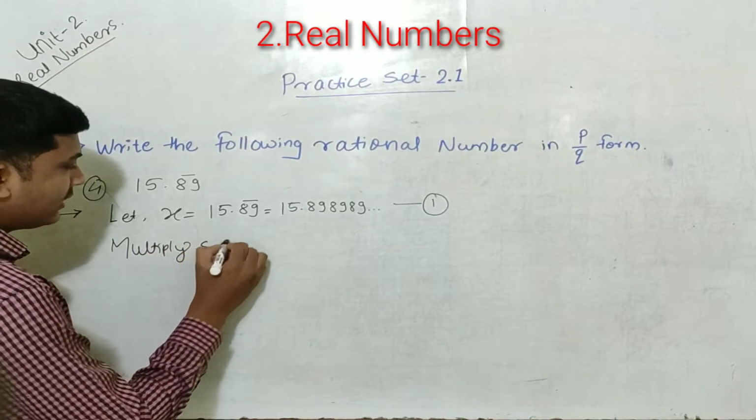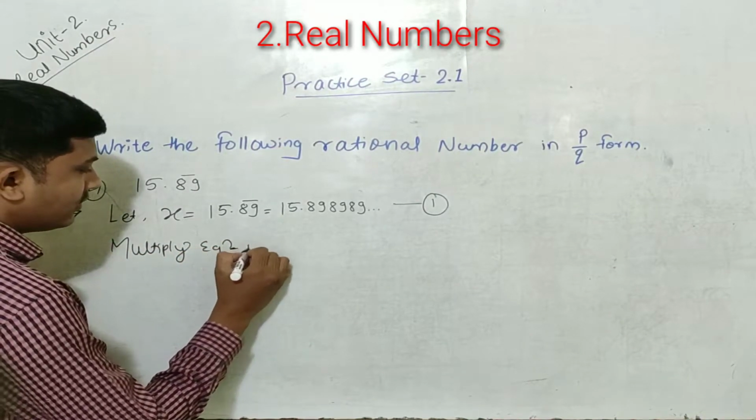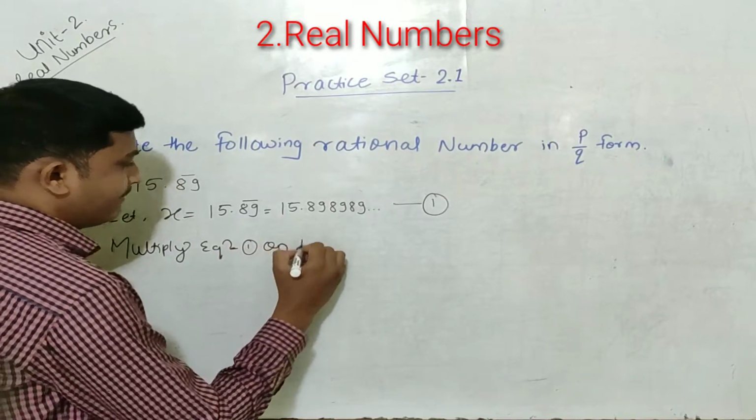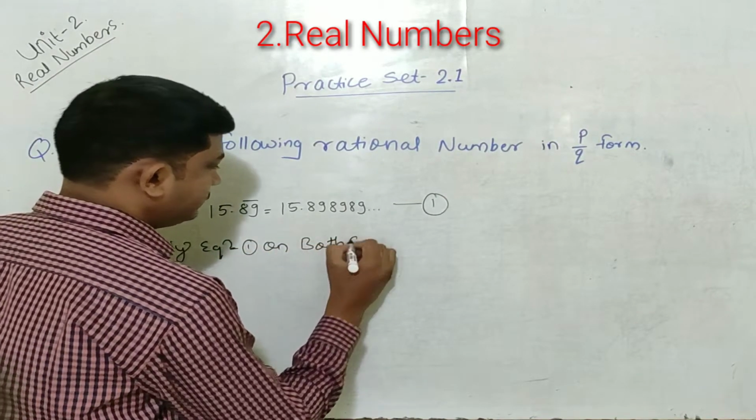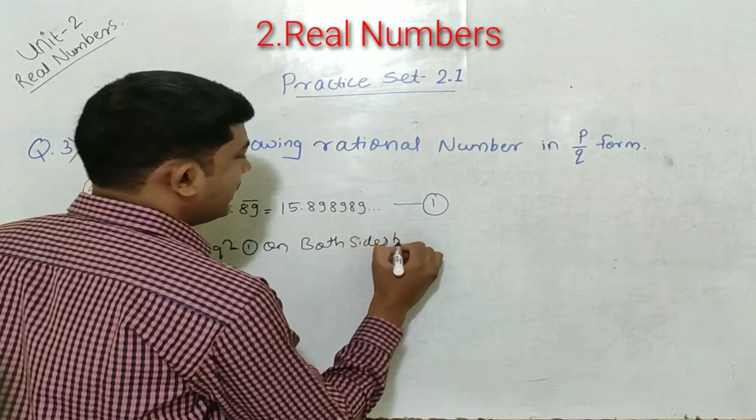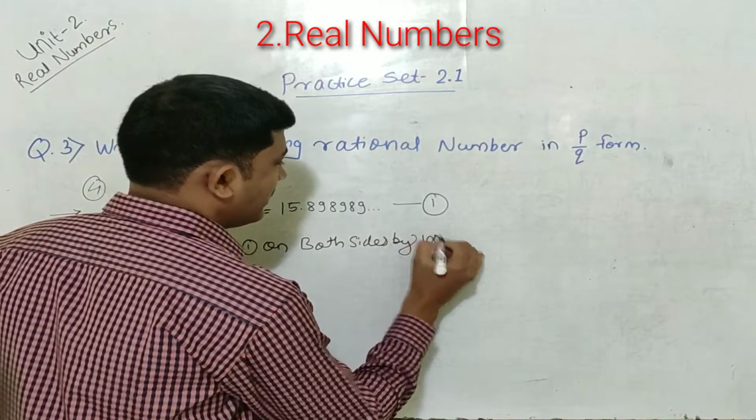Multiply equation 1 on both sides by 100.